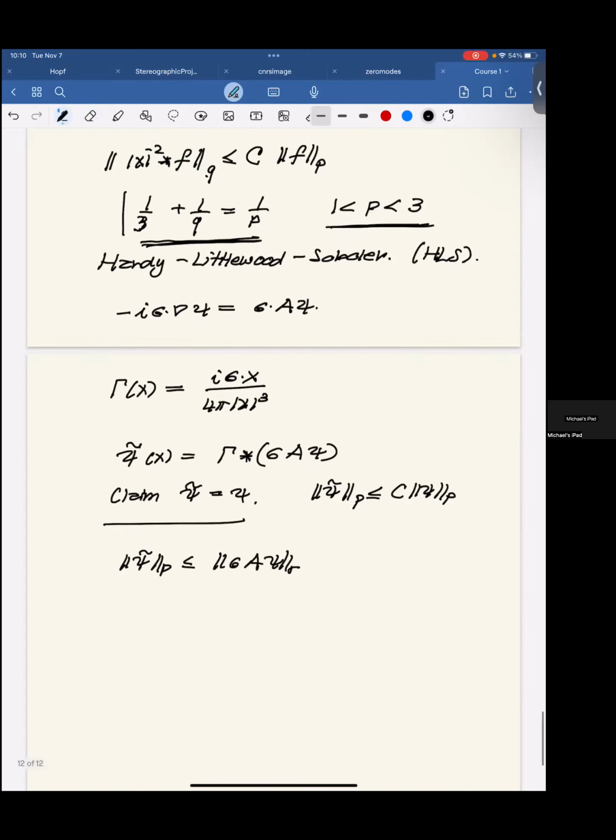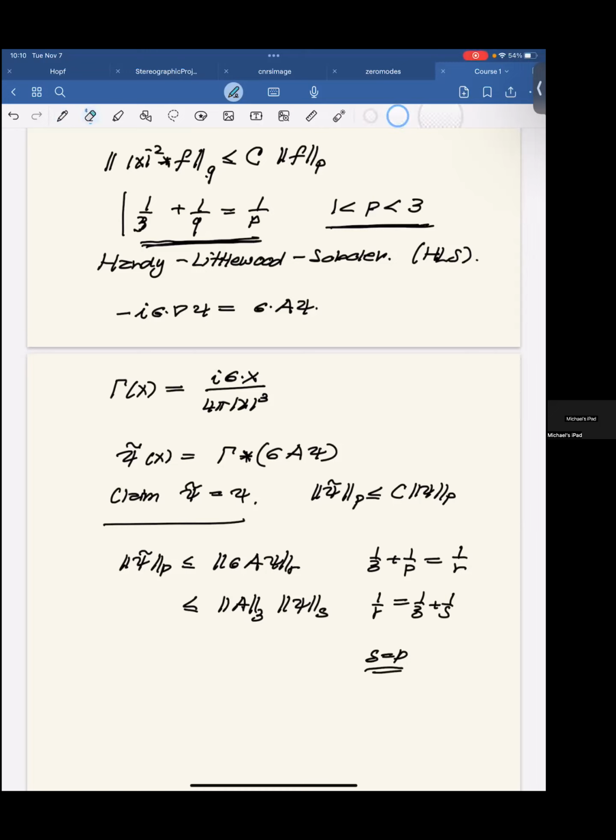We use Hardy-Littlewood-Sobolev. So the Q I have to replace by P. So I have 1/3 plus 1 over P equals 1 over R. And then that guy I estimate by A3 times the psi S norm. And what is A3? That's 1 over R equals 1 over 3 plus 1 over S. You agree? That's Hölder. And you see right away that the S wants to be P, right? So that works out. Okay?